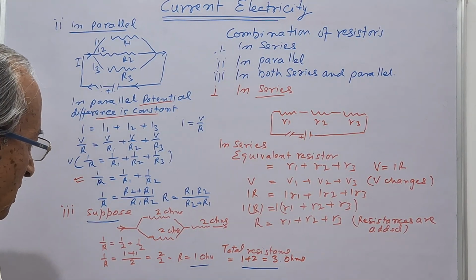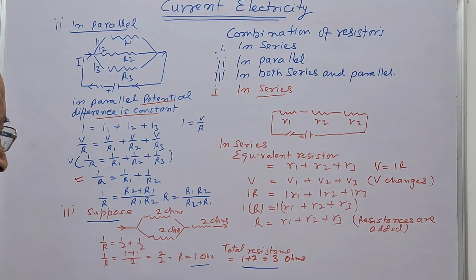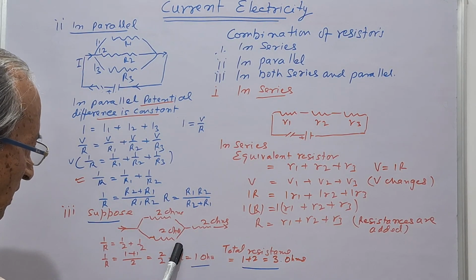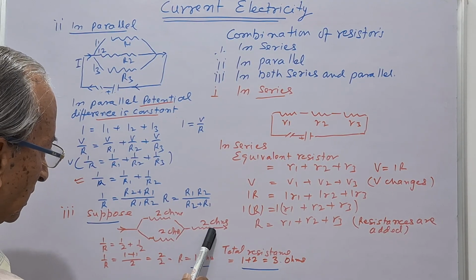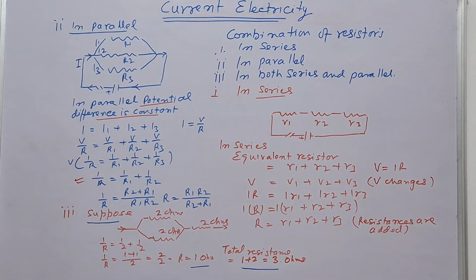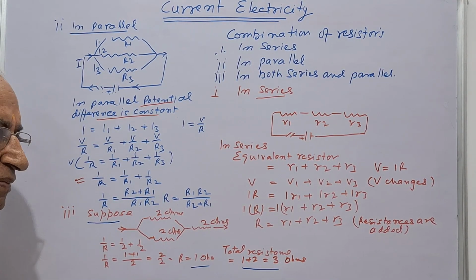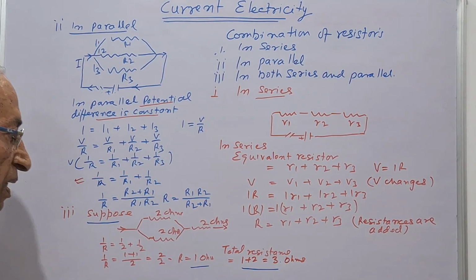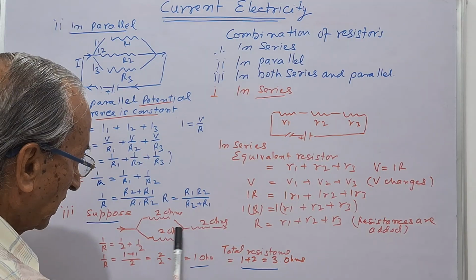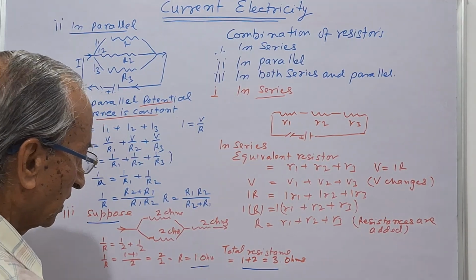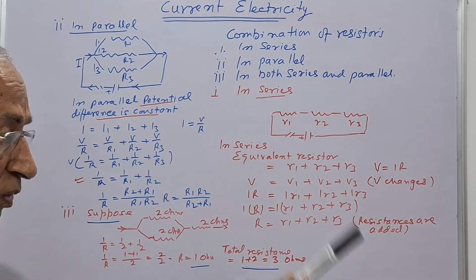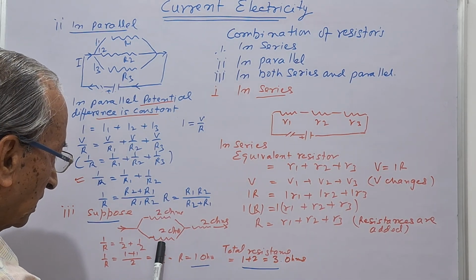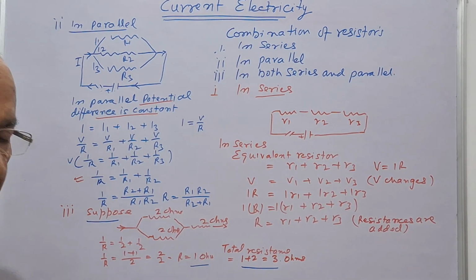Out of the three, two are taken in parallel and the third is in series. In such cases, always first solve the parallel resistance, then this parallel resistance will be in series with the third one. It means the total resistance will be the R of the parallel plus the series.